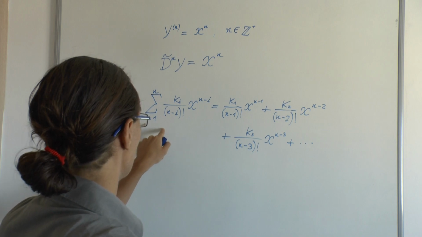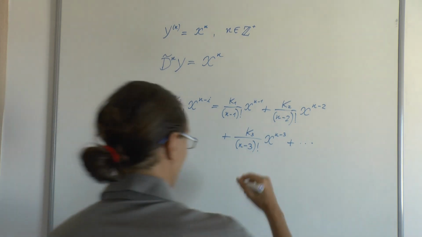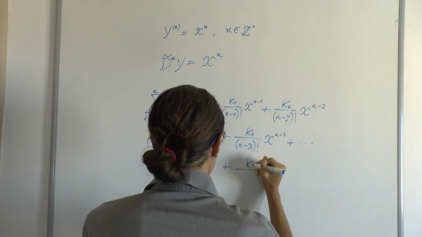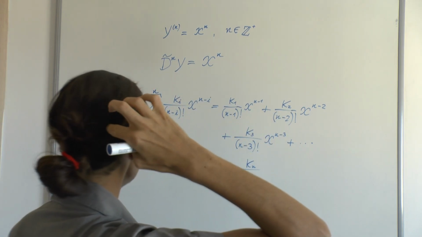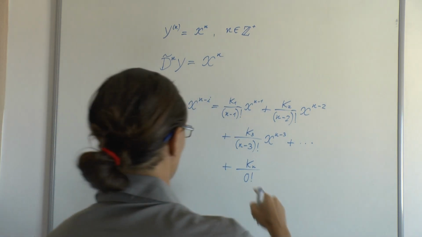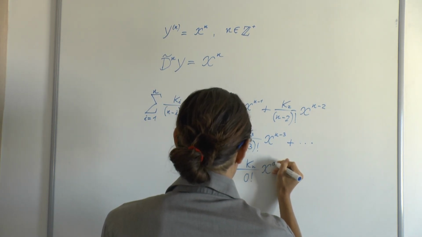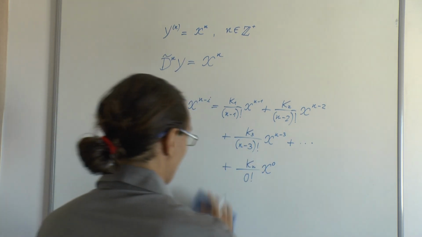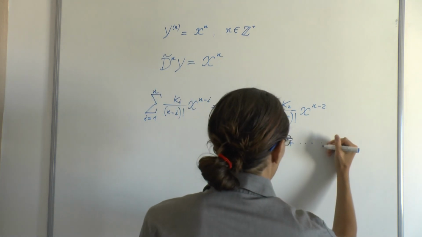It's until n. So this last term will be k_n over (n minus n) factorial, so 0 factorial, x to the 0, because x to the n minus n. So it's just plus k_n, right?